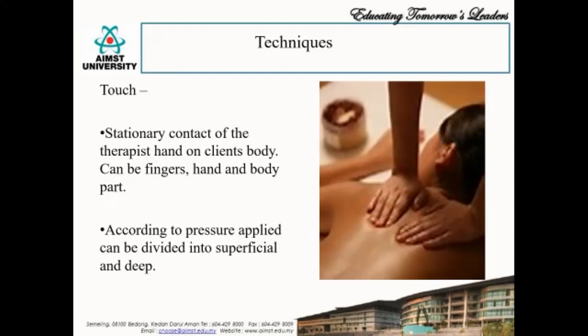Another thing is you can use your fingertips to have a continuous touch, and that is called stroking. When you do stroking, you relax the person. You say that this is the contact, this is my finger, you can get used to my finger, so that when you are doing the other techniques, they will get complete relaxation.